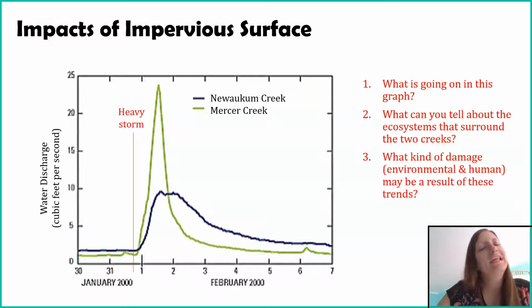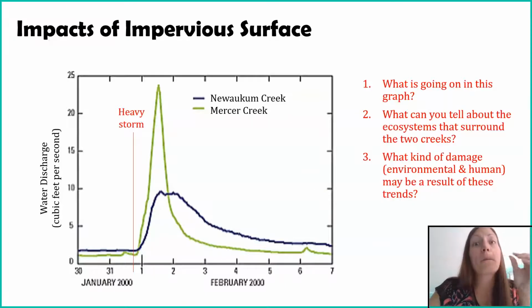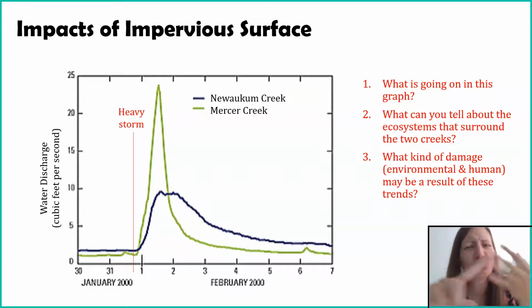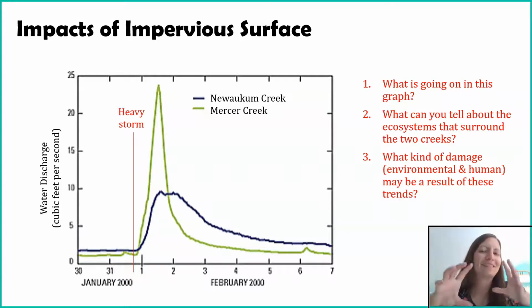So hopefully, thinking about what we're talking about, you may have made the connection that maybe Newaukum Creek, the one in blue, the one that has less discharge, maybe this is in a more pristine location, in a more pervious location. There is soil, there is grasses, there is trees, there's bushes, there is things that will absorb that water and take in that water.